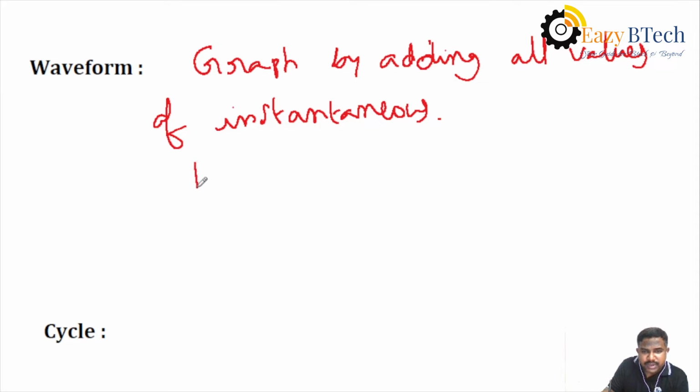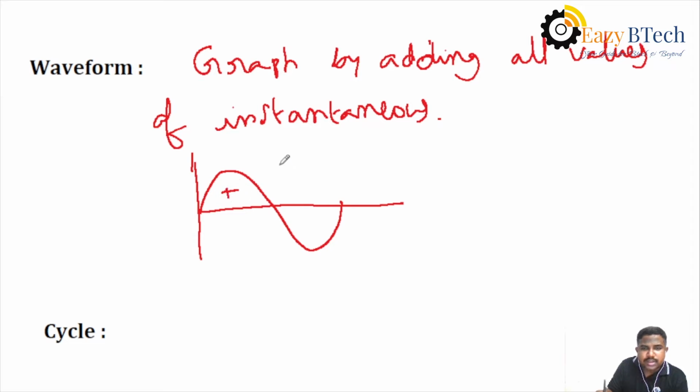That graph is called the complete waveform. In the waveform, the positive values are called the positive half cycle, and the negative values are called the negative half cycle. In this way, we will get the waveform.